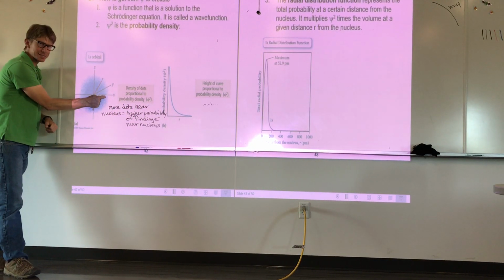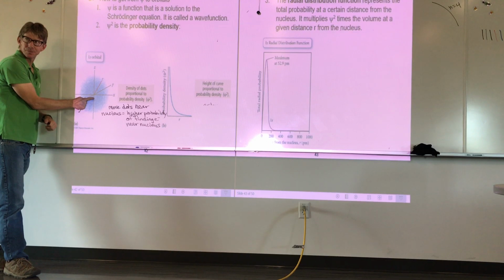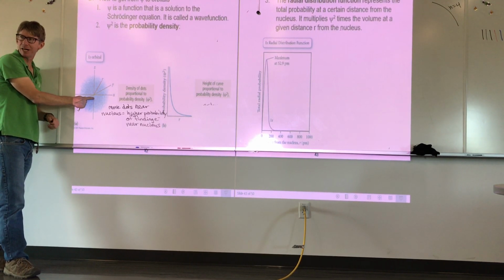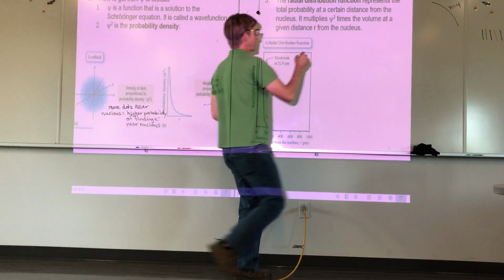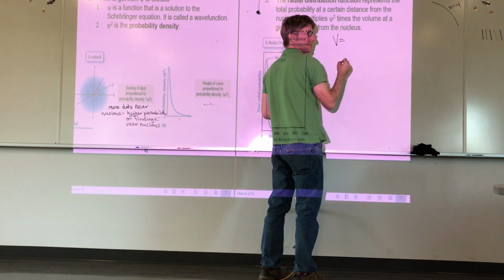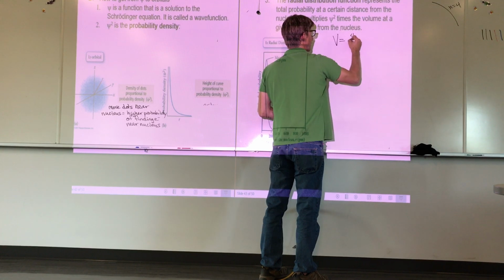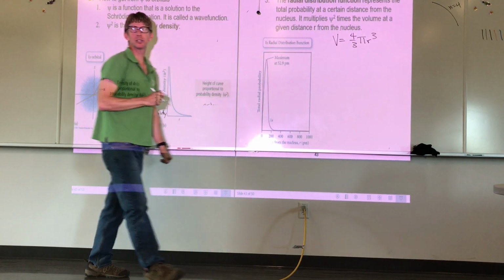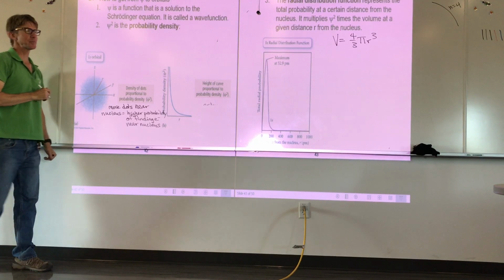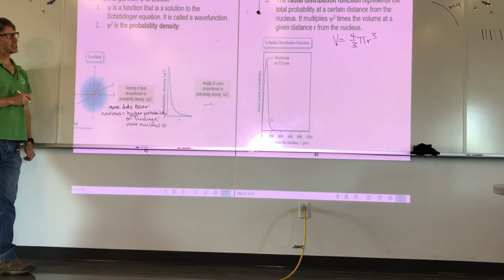Now, as radius decreases, what happens to volume? Do you know the equation for the volume of a sphere? It goes like this: 4/3 pi r cubed for the volume, and 4 pi r squared, I think, for surface area.